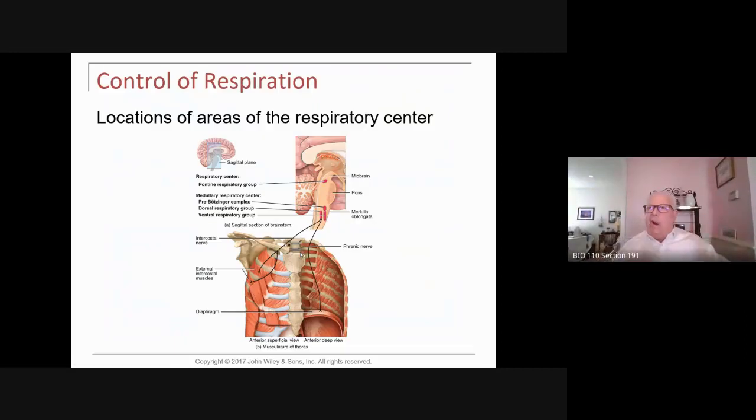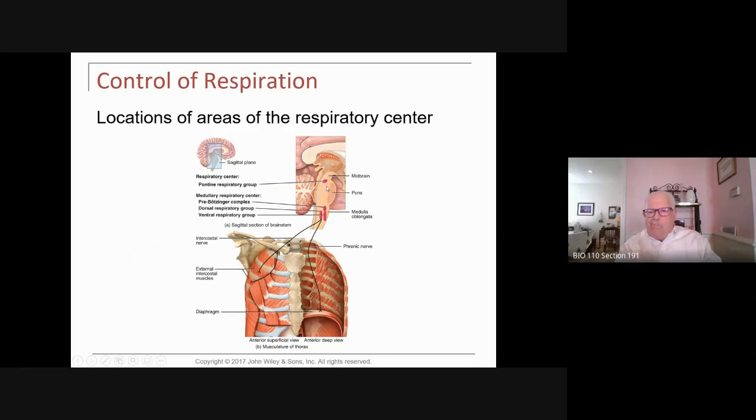You know from the cardiovascular system that the brain has an involuntary center in the medulla. Well, for the respiratory system, there are two areas that are involuntary that control respiration. One of them is in the medulla, and the other is in the pons.